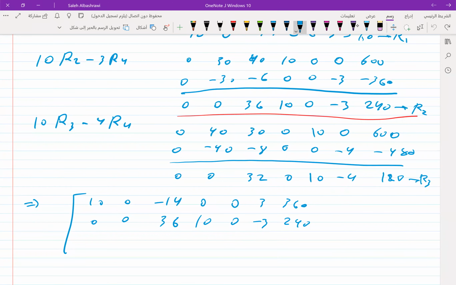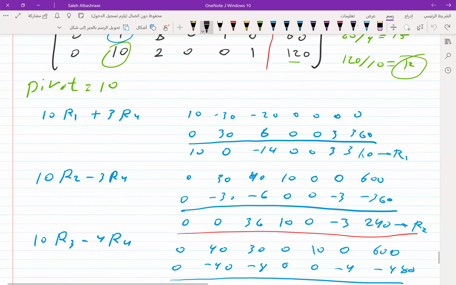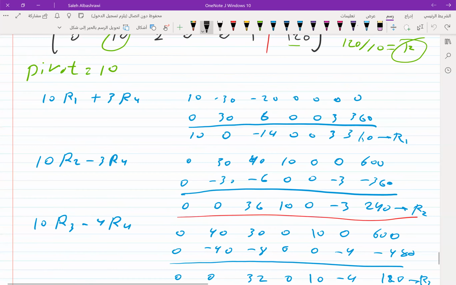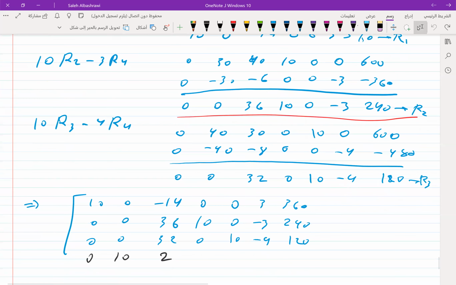Third one, 0, 0, 32, 0, 10, minus 4, and 120. And the last one, it is 0, 0, 1, 0, 0, 1, and 120. Again, this is my objective function.